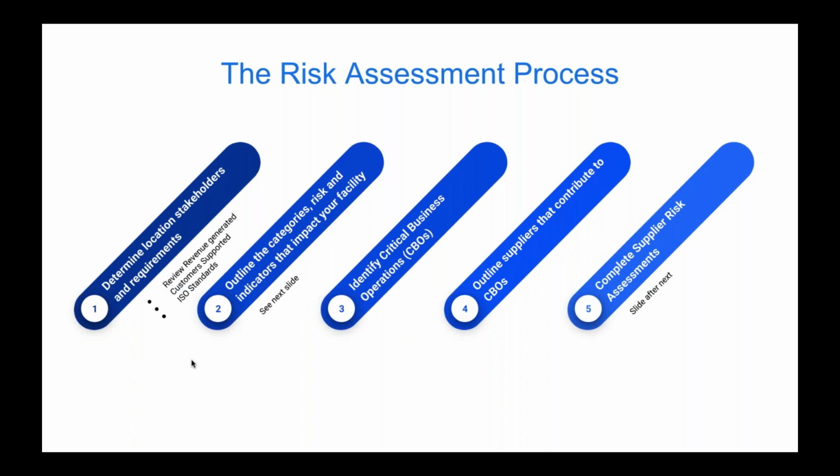Some of the key things will come down to identifying how much revenue they generate within our organization. What are some of the parts and components that we provide for that supplier or customer? Where are we actually providing their parts out of? And then also, are there dependencies on other facilities that we use within our own internal network? So that's really trying to understand who your overall stakeholders are.